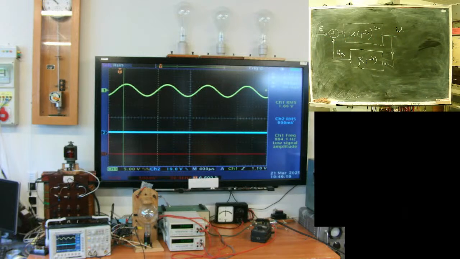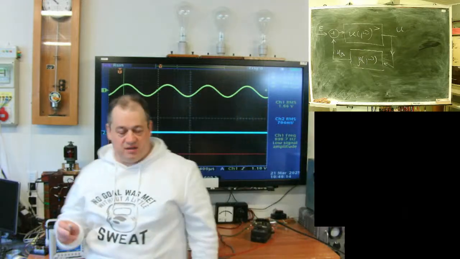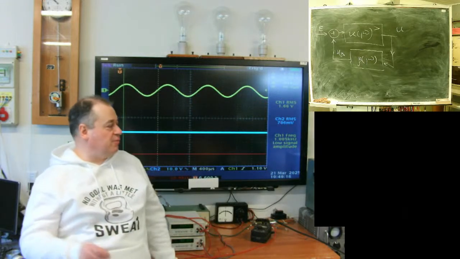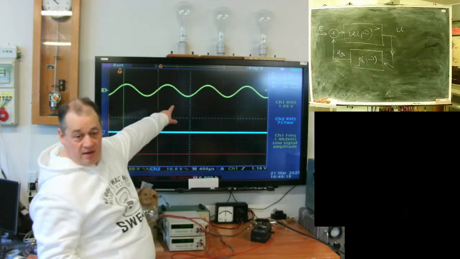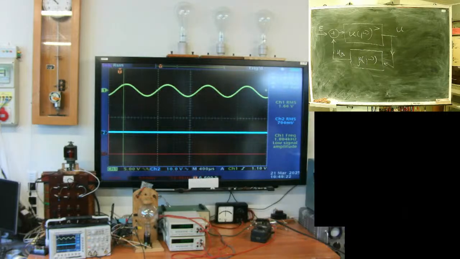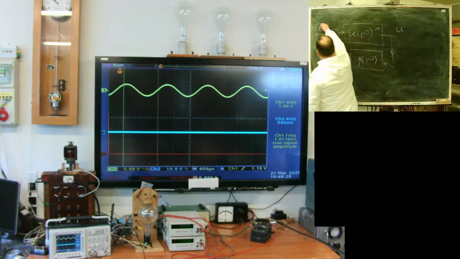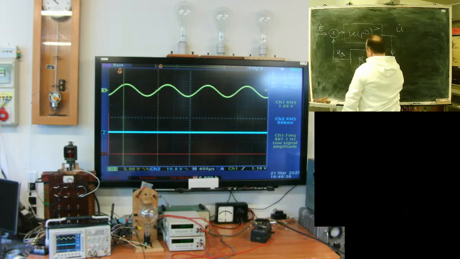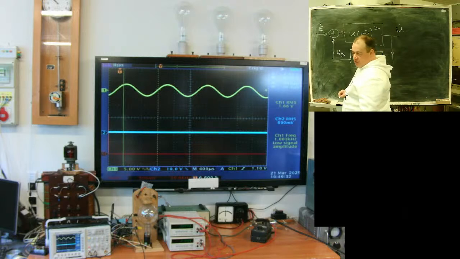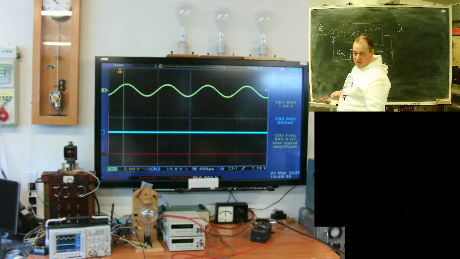For simplicity, let's limit ourselves to a harmonic signal, as I do here. It's not very important, just for simplicity. Possibly I can put a point here, as these are signals from your basic electrotechnics theory.